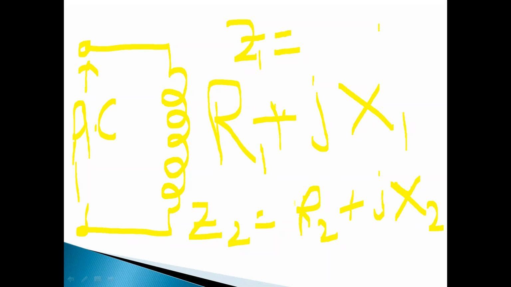So R1 plus jX1 is the primary impedance, and R2 plus jX2 is the secondary impedance. Resistance opposes the flow of current. Reactance opposes the variation of flux, or reactance is because of leakage flux. So the total impedance of the circuit is Z1 equal to R1 plus jX1 for the primary circuit and Z2 equal to R2 plus jX2 for the secondary circuit. If you give AC power to the coil, the transformer has two coils, therefore two impedances, two resistances and two reactances, on both the primary side and the secondary side.